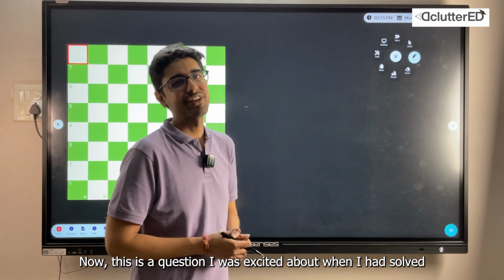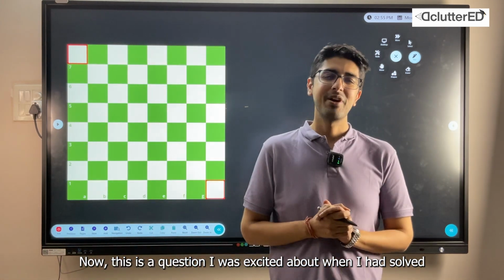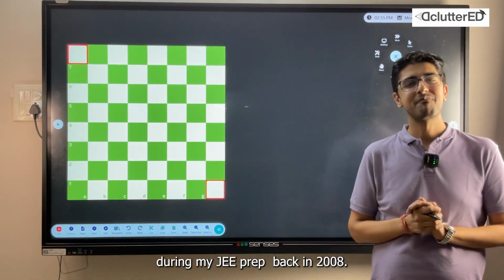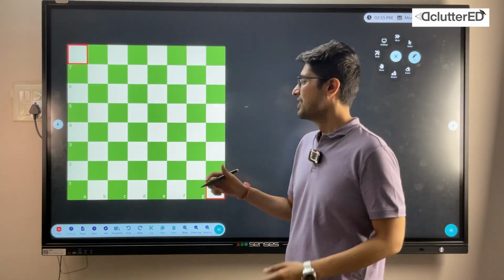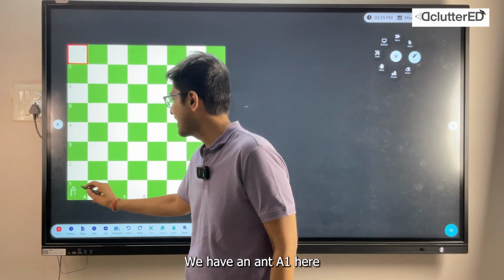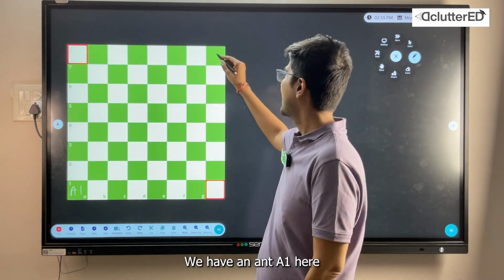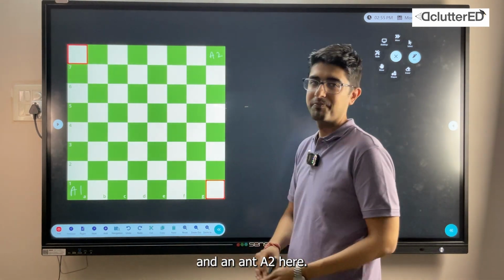Now, this is a question I was excited about when I solved it during my JEE prep back in 2008. We have an ant A1 here and an ant A2 here.